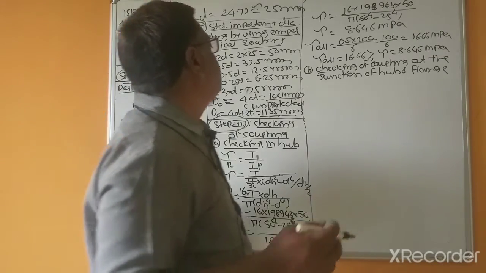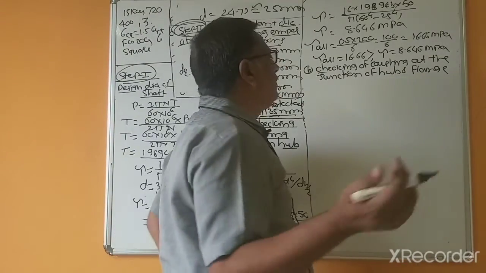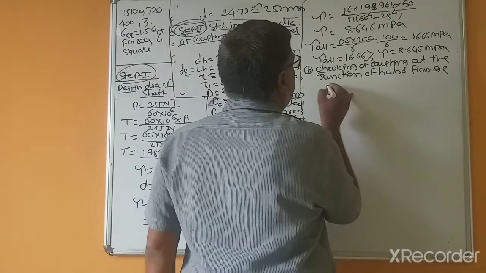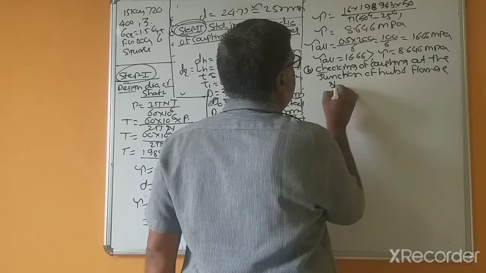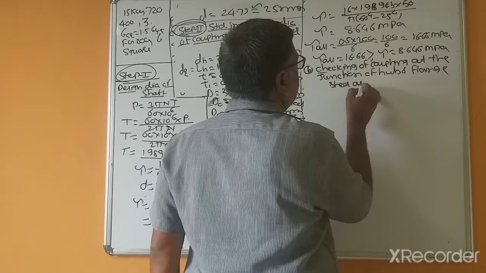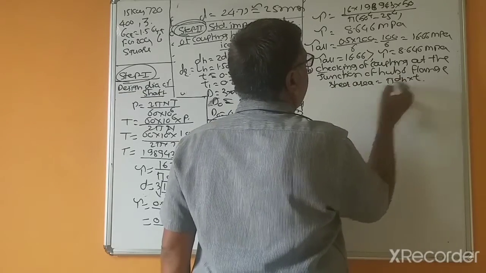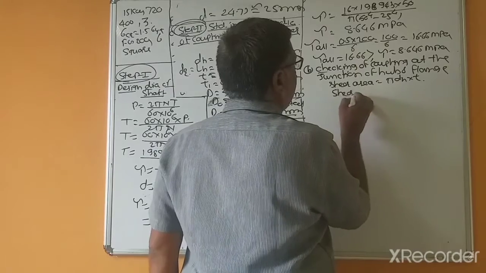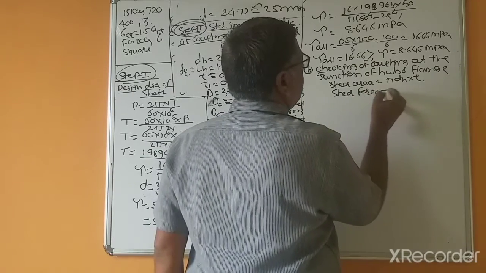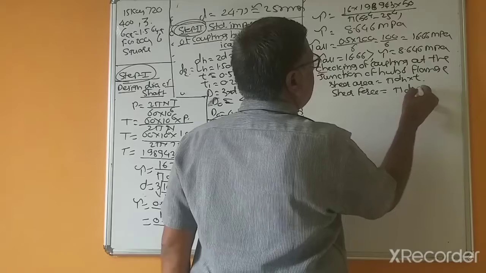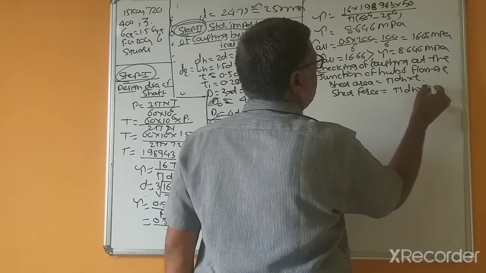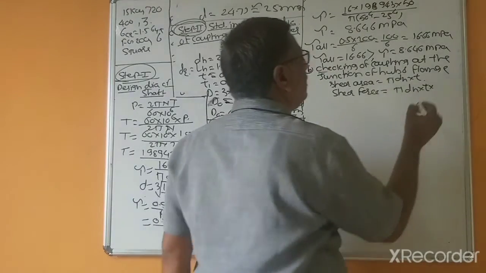So here, what is the formula? Otherwise we will go by the basic formula. Shear area equal to pi dh multiplied by t. Shear force equal to pi dh into t multiplied by tau.